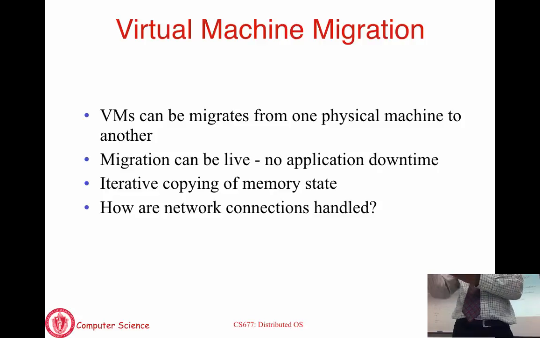It takes more time to copy 100 pages than 10 pages. Since there's less time, there's less execution, so even fewer changes occur in that time period. So in the next round you will have less data, and so on. The hypervisor will do this in rounds for some number of rounds.